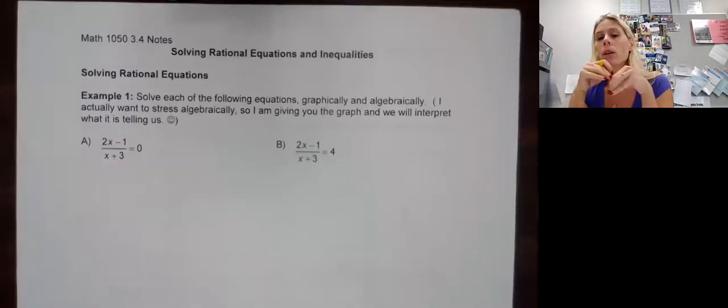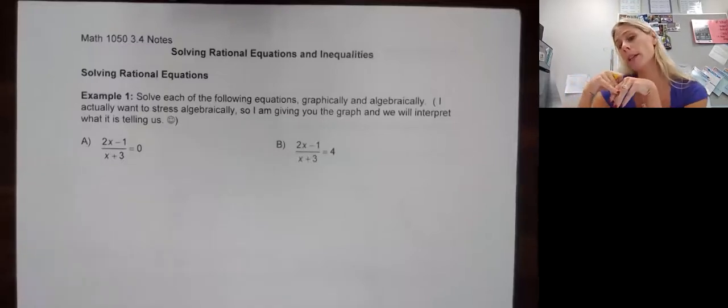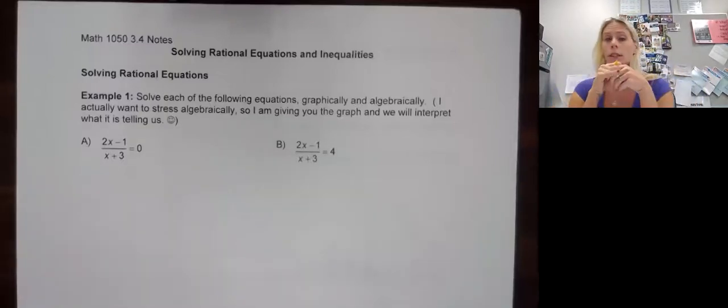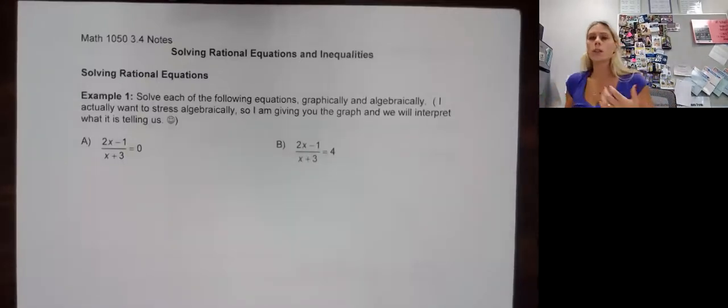So even though some of these questions are going to say, solve this graphically, I'm also going to show you the algebraic way just so you can see all the little tricks that we might run into when it comes to solving algebraically, okay? So if we look at A, of course, the first thing you say to yourself is, oh, we're doing fractions. And I actually am happy when you say that because let's get rid of the fraction first.